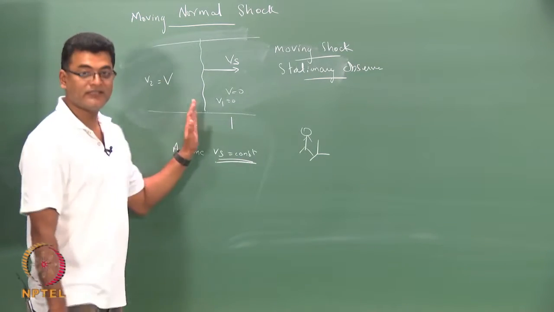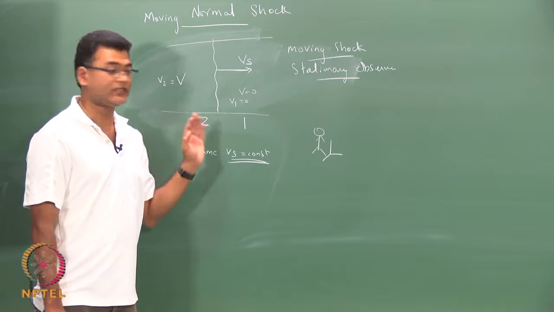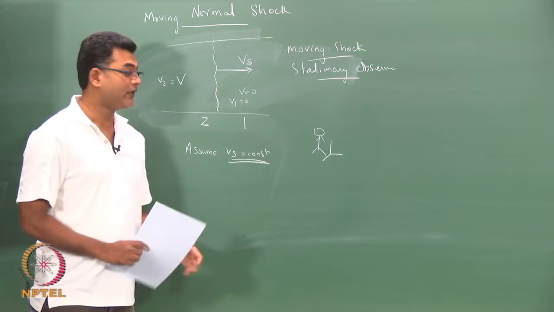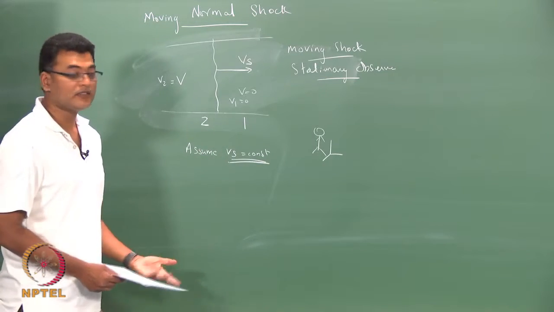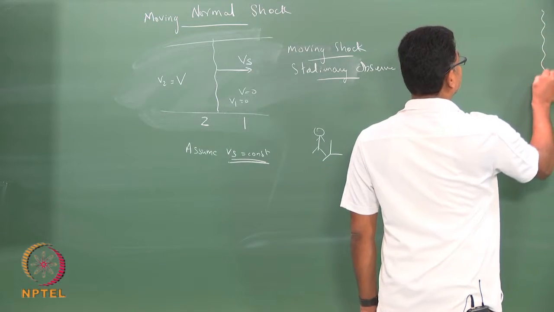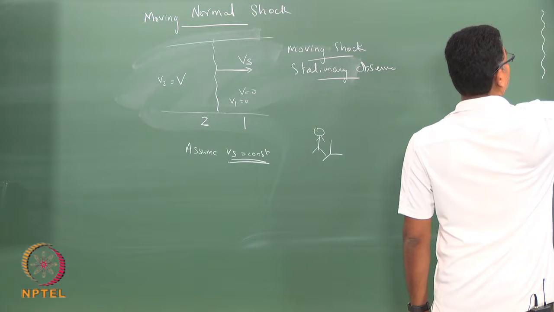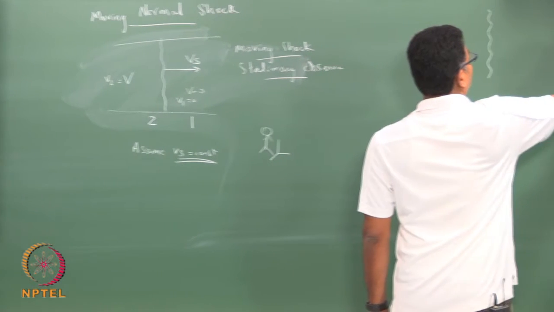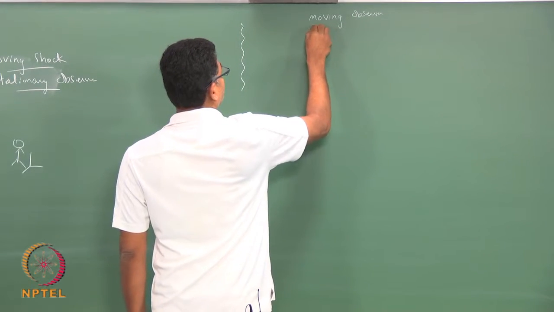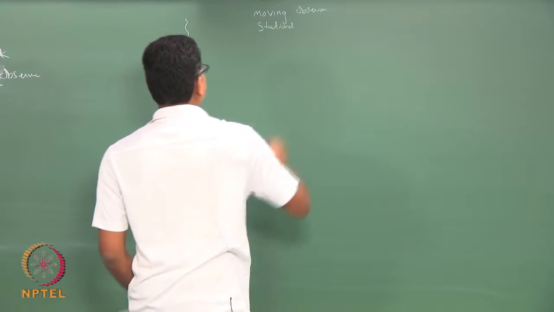In that case, like what we have done when we derived our velocity of sound, I can have an observer that moves along with the shock and convert this unsteady problem to a steady problem. So, I would use a moving observer, or a stationary shock.